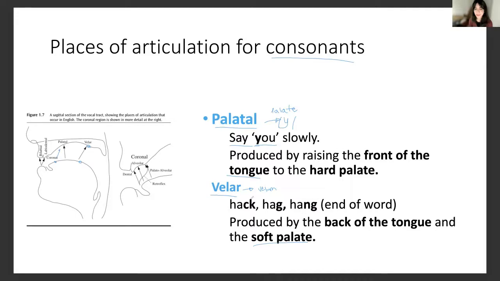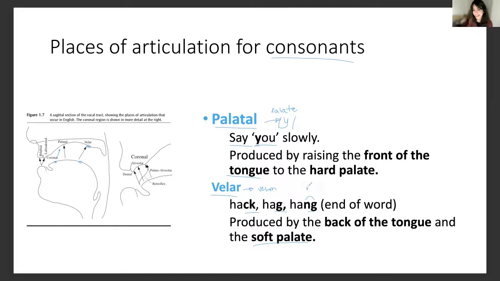What velar sounds do we have? Well, we have some. We have k, g, and ng. Ng is considered its own sound because this combination of sounds occurs so much in American English and in English that we can treat it as its own entity.